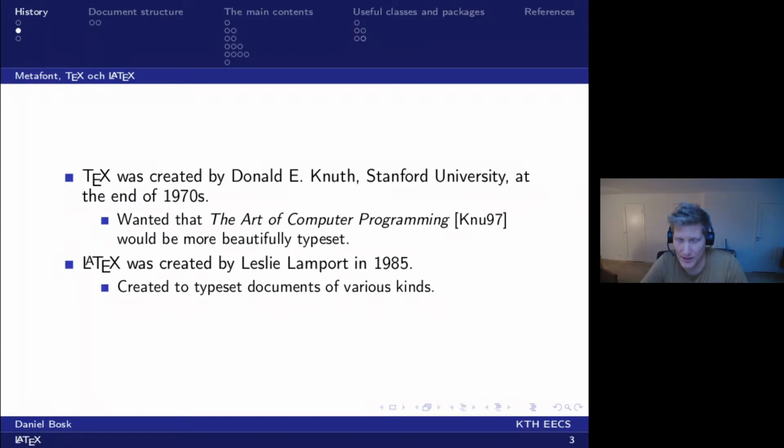That's the reference in this slide, and he is continually revising it, and he hasn't actually finished everything he wanted to put into these books. So we'll see how it will go. So this was end of the 70s, so starting the 80s.